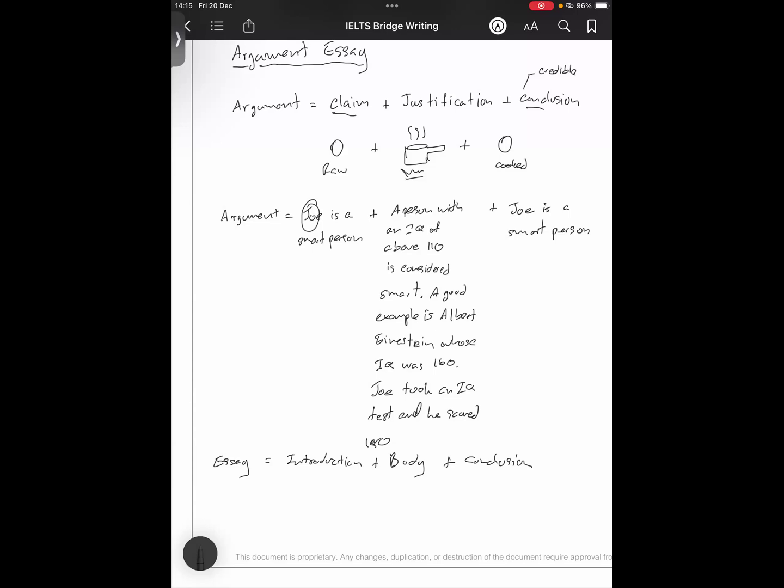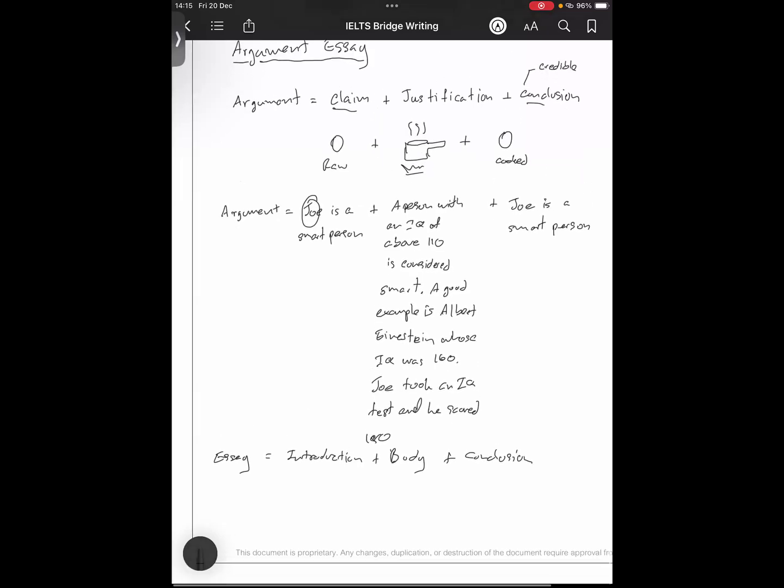Okay, so everything you have already stated in the body section, if those points are related to the claim, they will be restated again in conclusion, but without any more example or any further explanation. So that's basically what essay is.